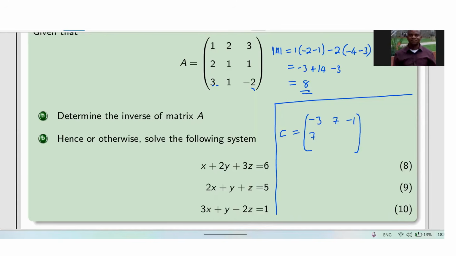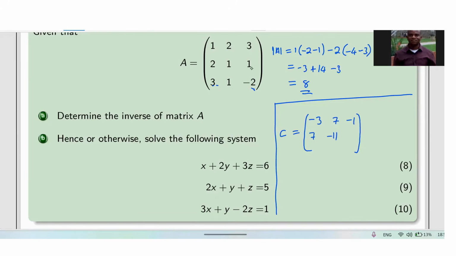Okay. Second element in row number 2, what is the minor? The minor is simply 1, 3, then 3, negative 2. So 1 times negative 2 is negative 2, minus 3 times 3, which is 9, so negative 2 minus 9 gives us negative 11.